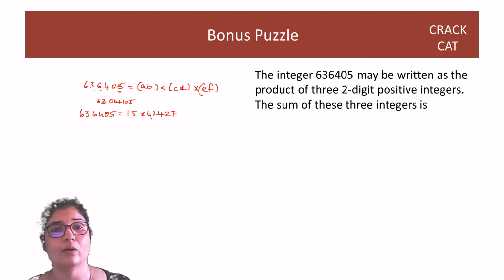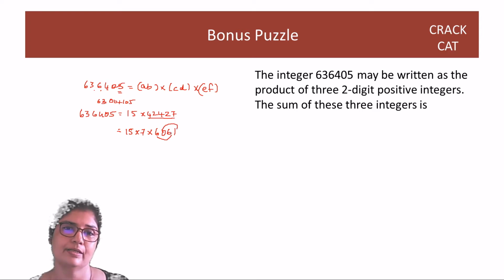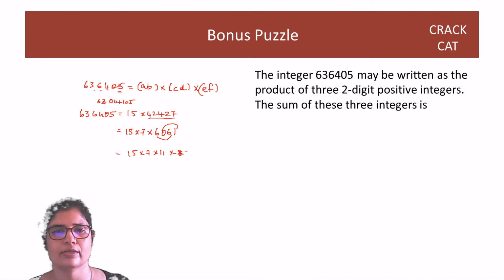Now here, guys, you should see that this number is a multiple of 7. 427 is a multiple of 7. So let's remove the 7. You get 15 into 7 into 6061. This number is a multiple of 11. 12 minus 1. So you will get 15 into 7 into 11 into, sorry, not 23, into 551 once you remove the 11.